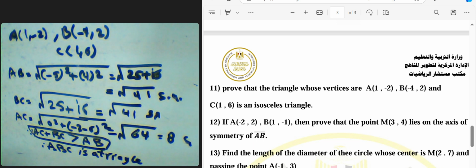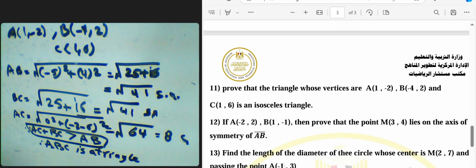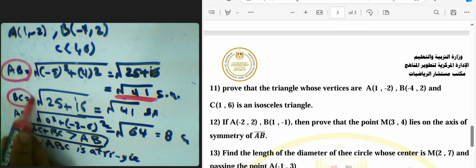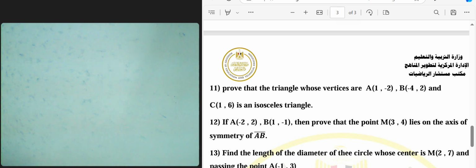So A, B, and C can be used to draw a triangle, and then we have two sides equal. AB equals BC, then AB will be equal to AC in length. Understood? Next question.